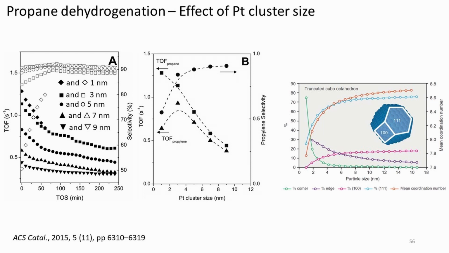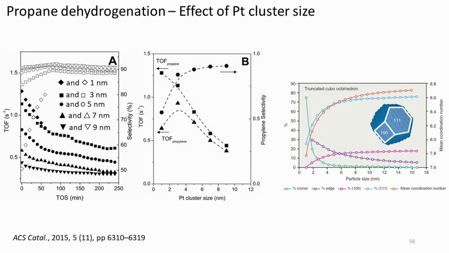The smaller platinum clusters have higher turnover frequencies, lower selectivity for propylene, and a higher deactivation rate. The initial turnover frequency, selectivity, and propylene yield of different size platinum clusters are plotted versus platinum cluster size.